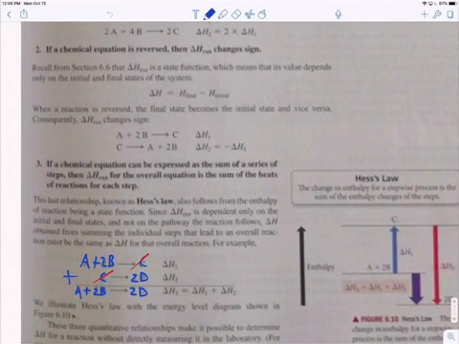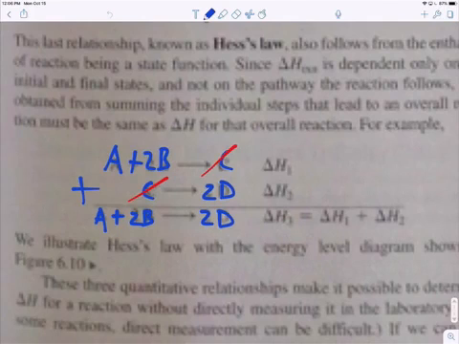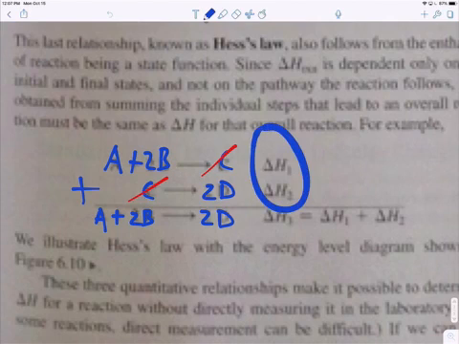If a chemical equation can be expressed as a sum of a series of steps, then delta H reaction for the overall equation is a sum of the heats of reaction for each step. So, for instance, in this example, if you have these two equations, A plus 2B makes some intermediate C, and that intermediate C decomposes into 2D, there are 2 heats of reaction for each of these steps.